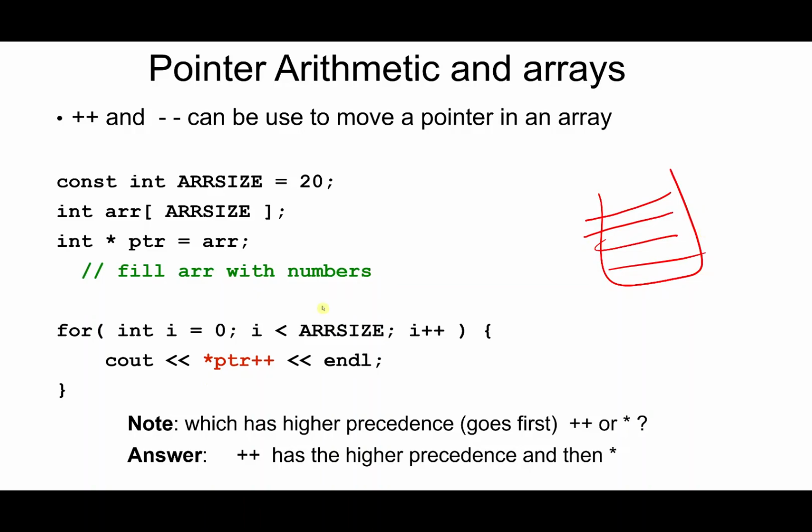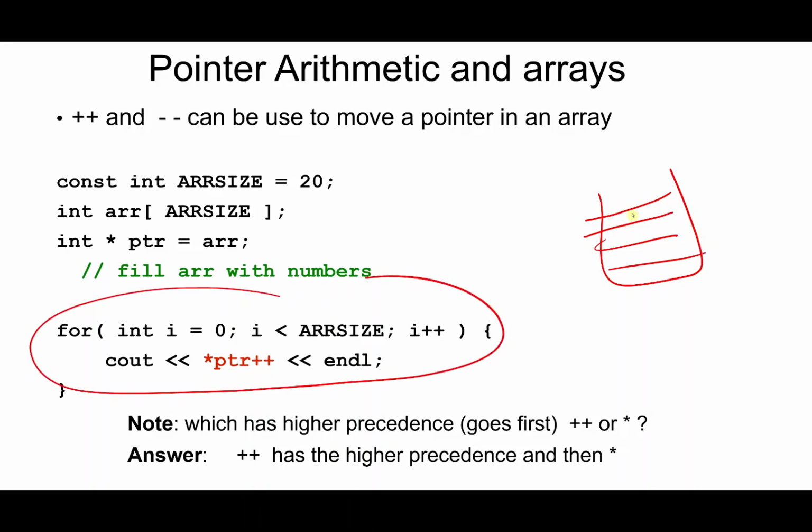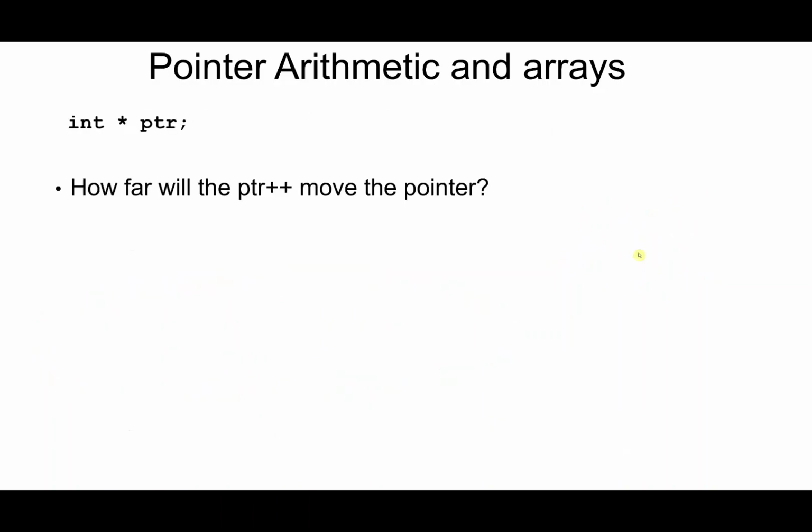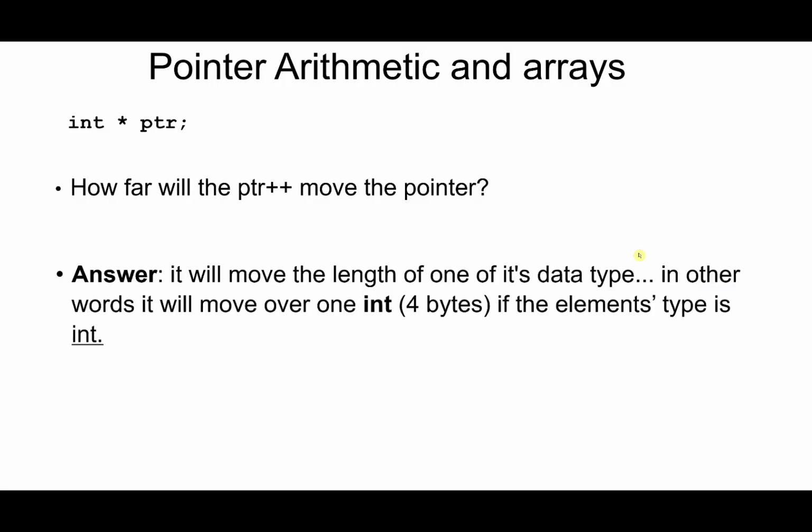So basically this statement is not printing the first location because it advances first. Actually, no. How so? By understanding how ptr++ works. How far will this move?